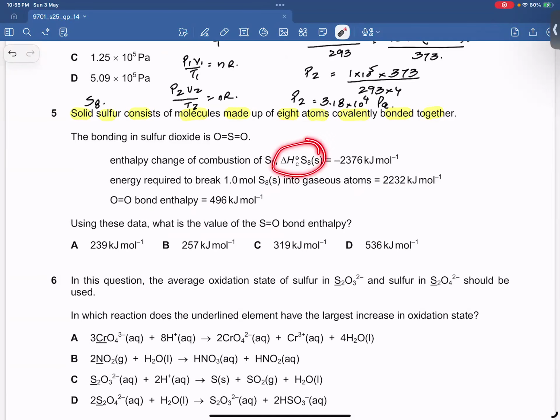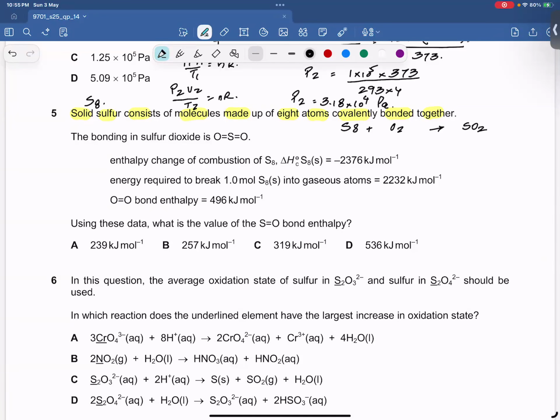Let's talk about the combustion of sulfur. Sulfur is S8, reacting with oxygen and converting into sulfur dioxide. We have 8 sulfur, so I'm going to write 8 here. We have 16 oxygen, so I'm going to write 8 here also.